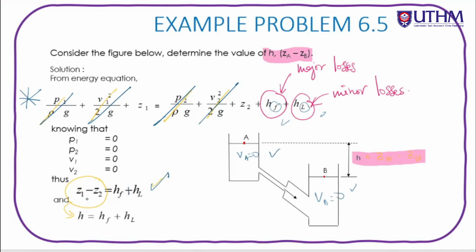Z1 minus Z2 is actually the value of H, the height ZA minus ZB here. A is 1, B is 2. So Z1 minus Z2 is H, which is what we want to find. So we know H equals HF plus HL.